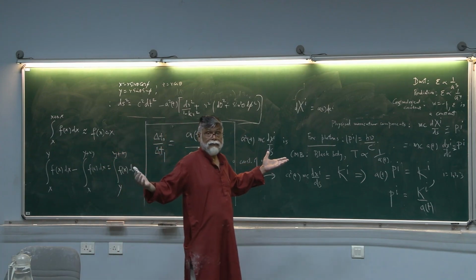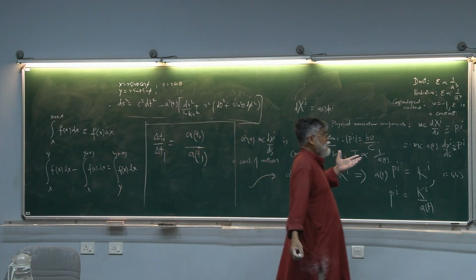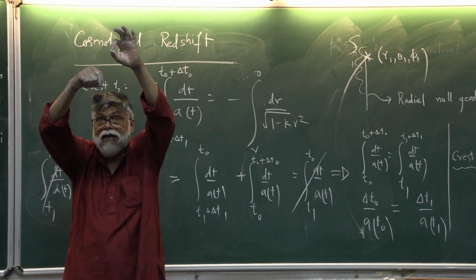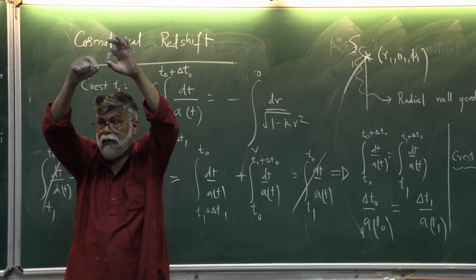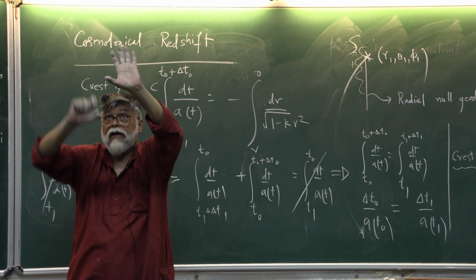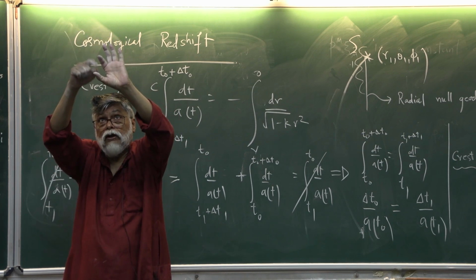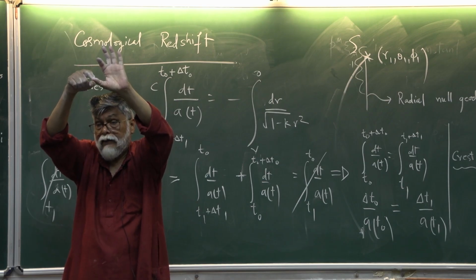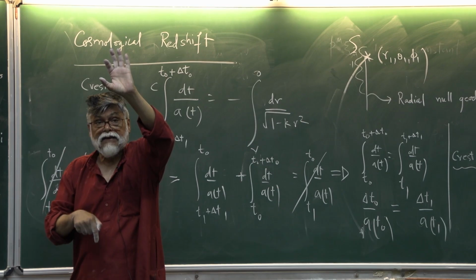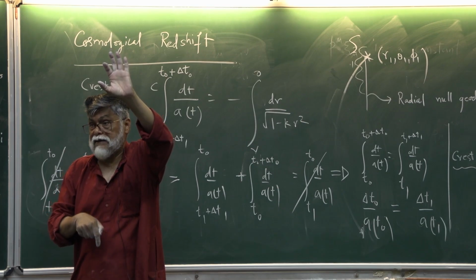Physical interpretation. The physical interpretation is that two light rays, the first was emitted at T1, the next one was emitted at T1 plus delta T1. That means the interval between the two light rays was delta T1. When it reached, I received the signal at T0 from the first light ray.